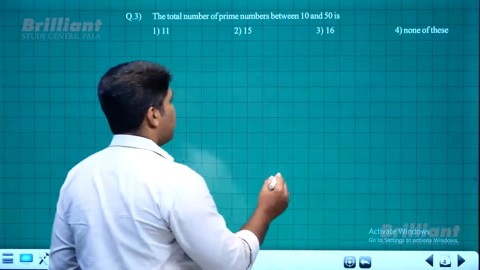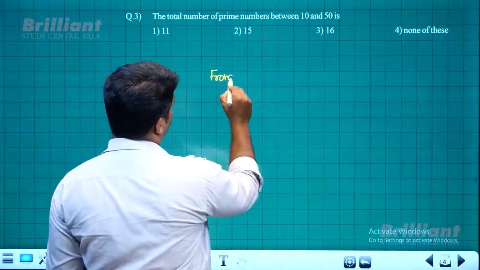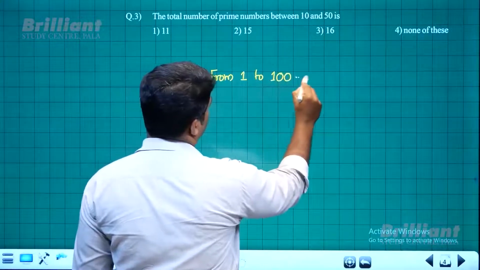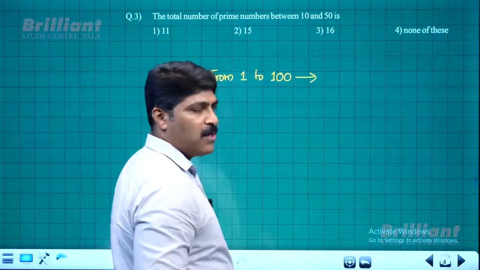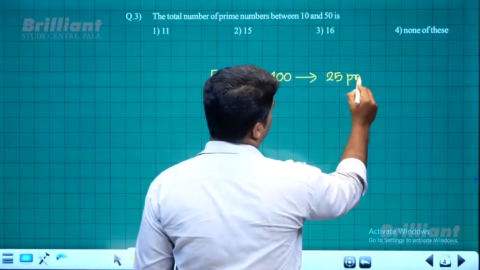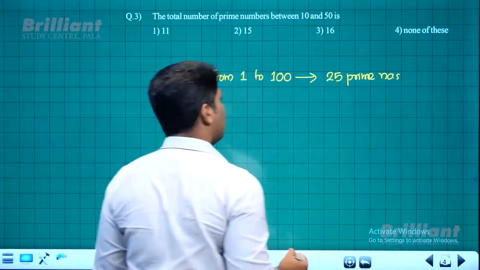If you are considering the numbers from 1 to 100, how many prime numbers are there? You have to keep it in your mind. There are 25 prime numbers.